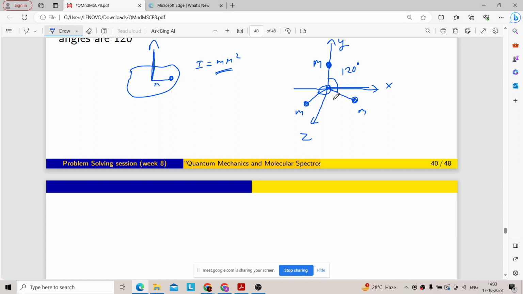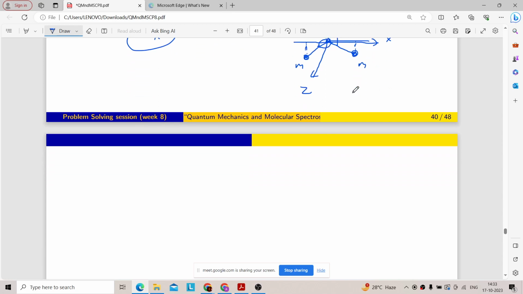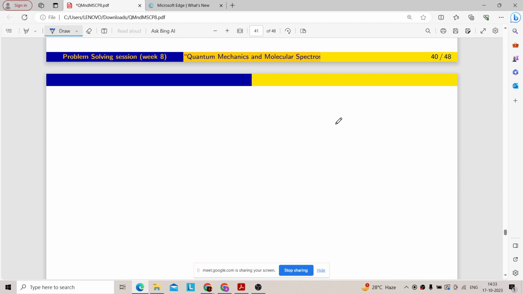So one thing I can do is project these masses onto the x-axis. Let me redraw this.